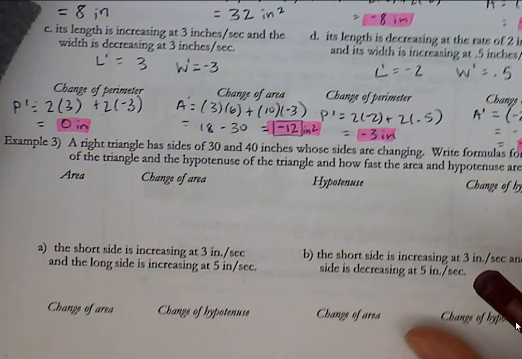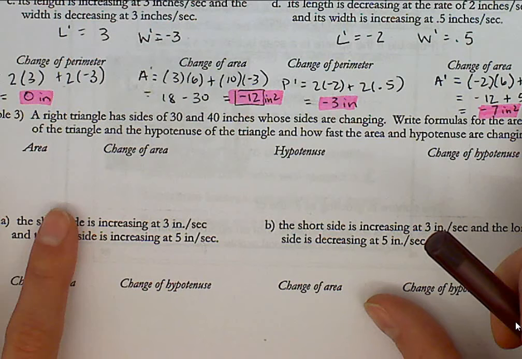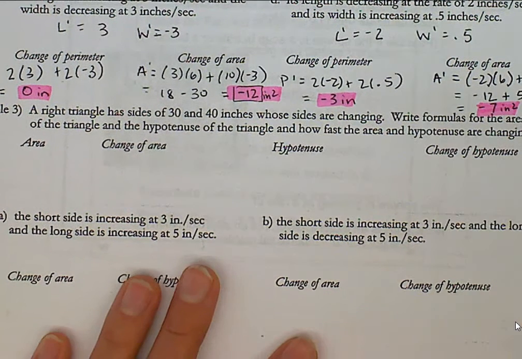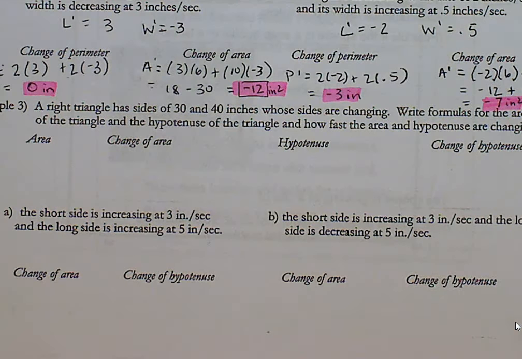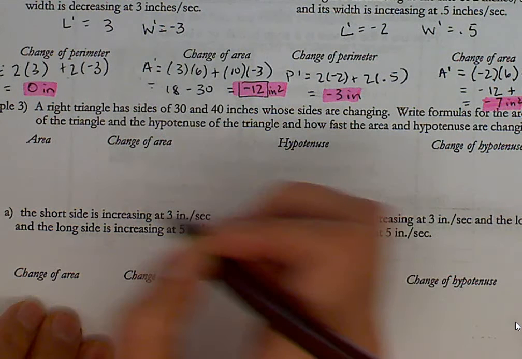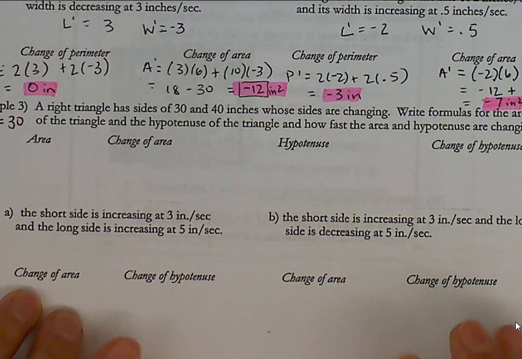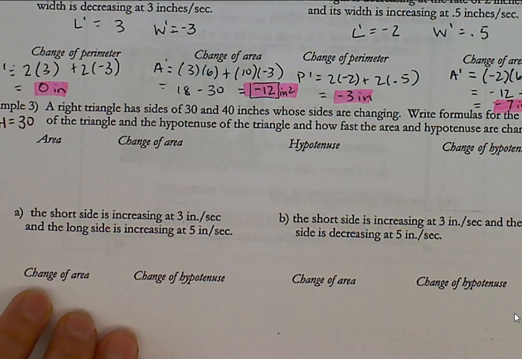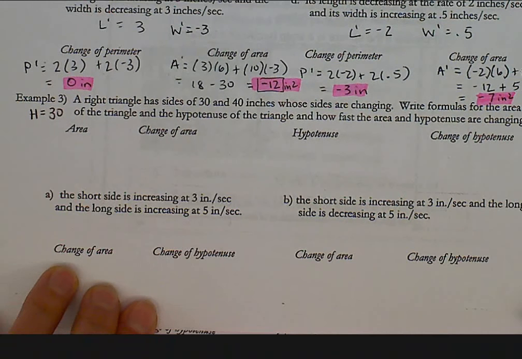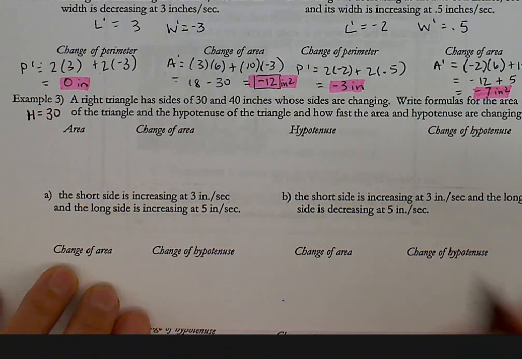a right triangle has sides 30 and 40 inches whose sides are changing. Remember, we labeled these short side, long side. So I'll say short side is h, and h equals 30. And then long side is 40, so L equals 40.